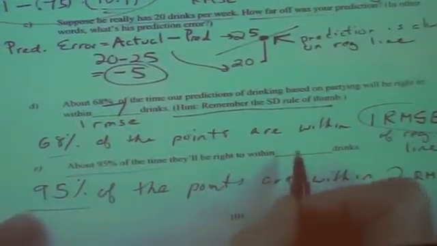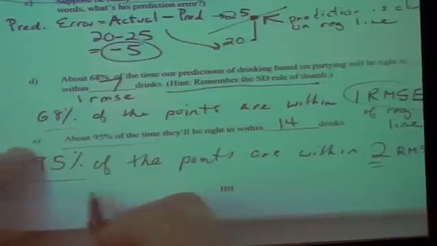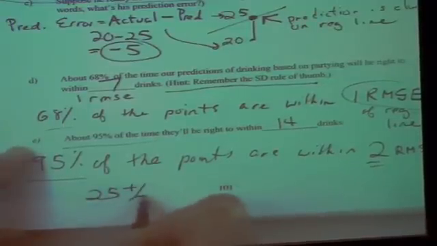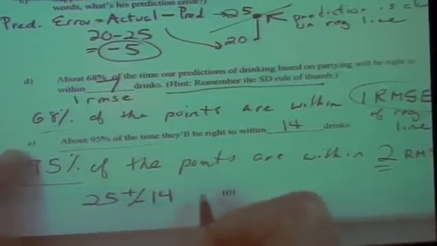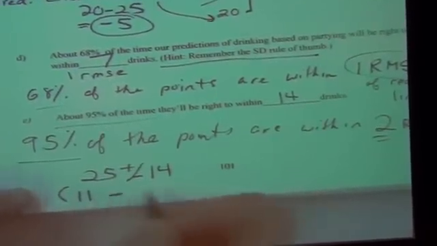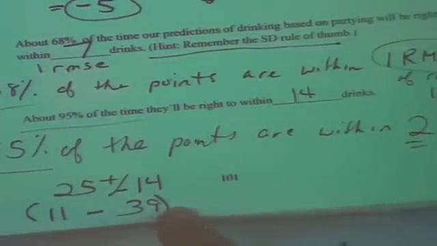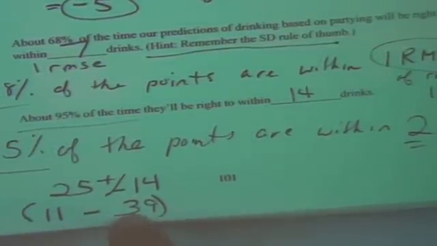So about 95% of the time we'll be right to within 14 drinks. Do you know what I mean by that? I mean 25 plus or minus 14, which is what? The lower limit would be what? 11, and the upper limit would be what? 39. So I bet 95% of you, if you party 20 hours a week, you're drinking in that range.